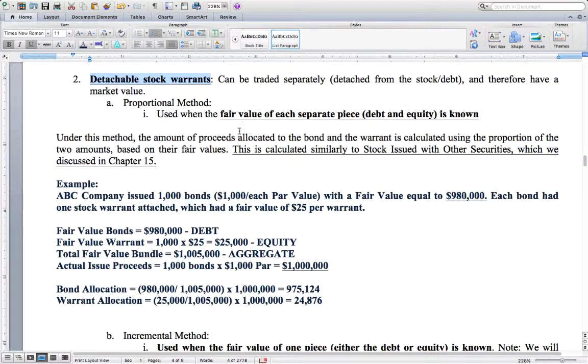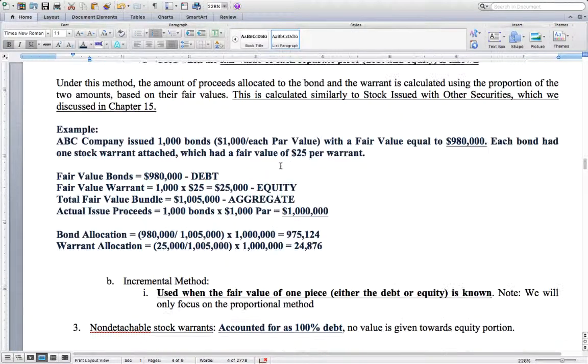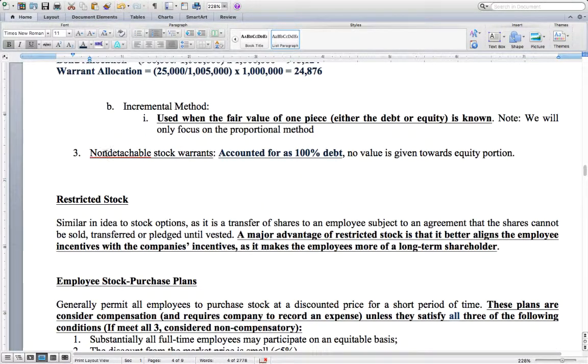And that is because each piece can be traded separately, thus each can have its own value. Non-detachable stock warrants cannot be traded separately, thus they do not have a separate value from the debt itself. Therefore, you record the entire thing as debt and no value is allocated towards the equity portion.